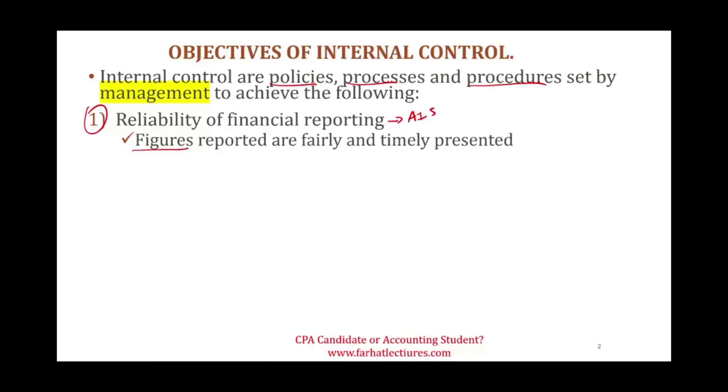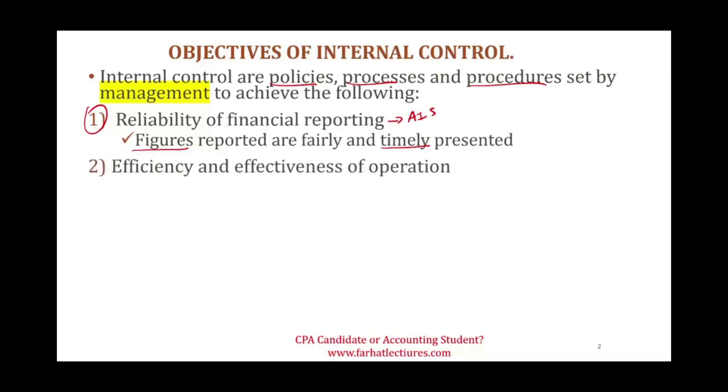Fairly means they are correct, they represent what actually happened, all the figures are there, the valuation is correct. And timely, we provide this information to users on a timely basis so they can make relevant decisions about the company or how to run the company. That's one objective of internal control, reliability of financial reporting.